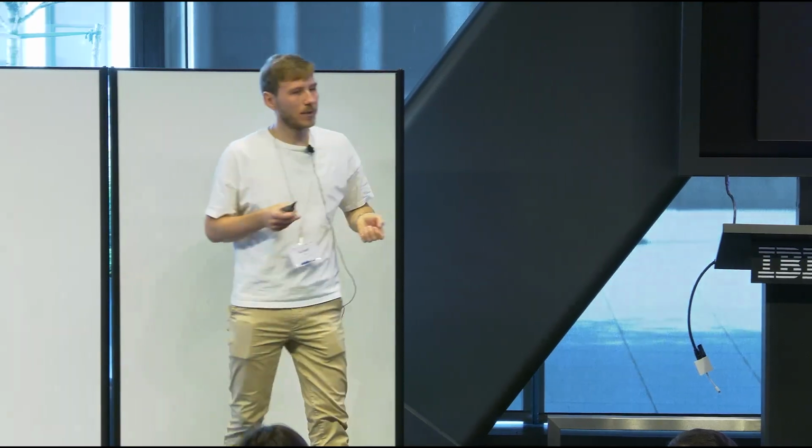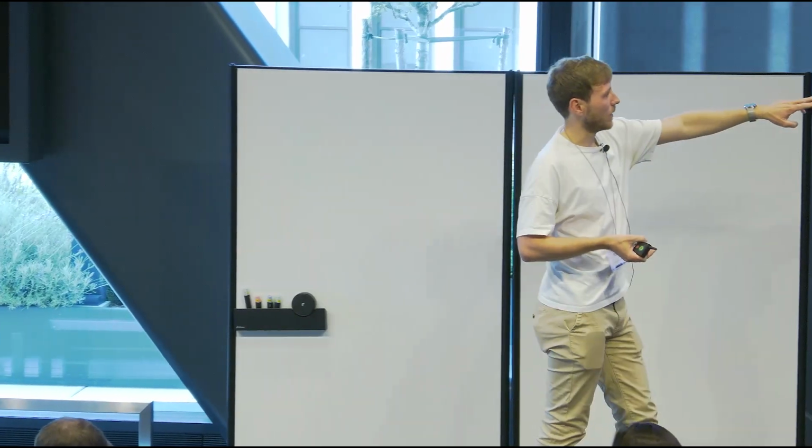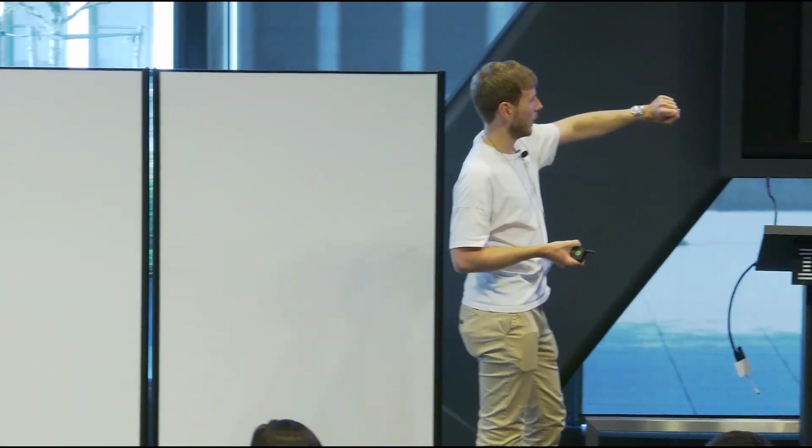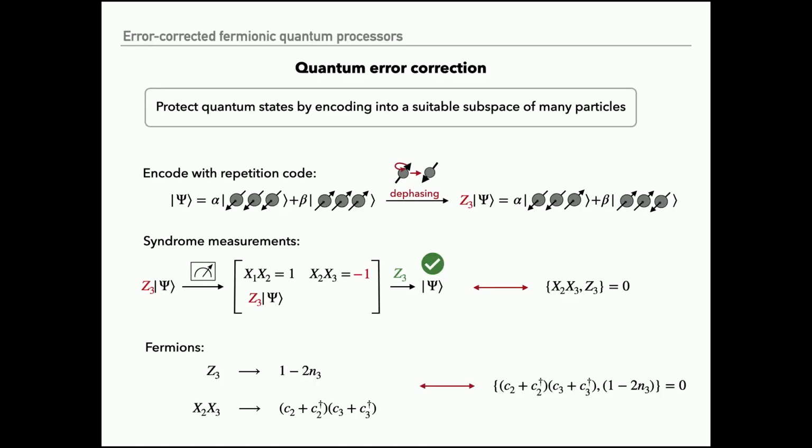And the corresponding stabilizer operator, if you naively generalize the quantum error correction strategies, would be this product of these C plus C dagger operators over here. Indeed, they anti-commute, so that should work. However, as you see, this stabilizer is not a number-conserving operator. So in practice, I will have a hard time actually measuring this.